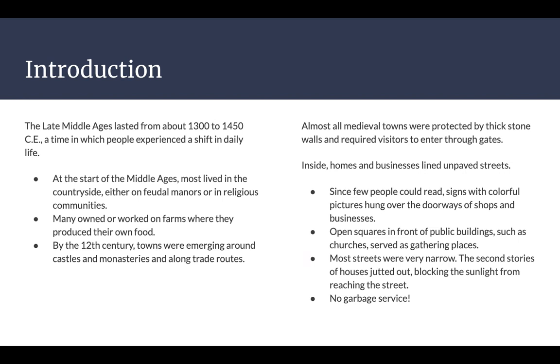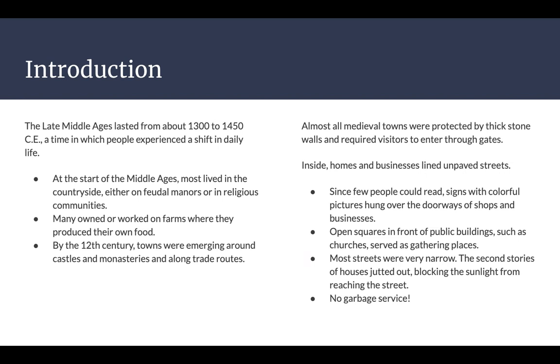Most streets were very, very narrow. The second stories of houses typically jutted out, which would block the sunlight from reaching the streets. And in addition, there was no garbage service. Typically people, as they were living their lives in their homes, if they had garbage, trash, rotten food, stuff of that nature, didn't have a disposal system.